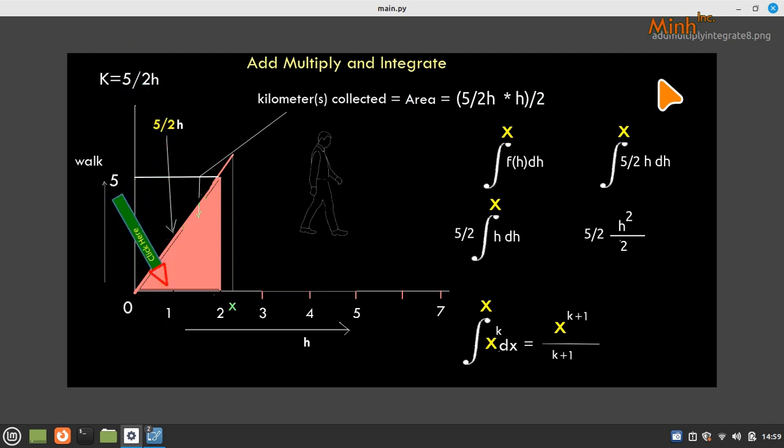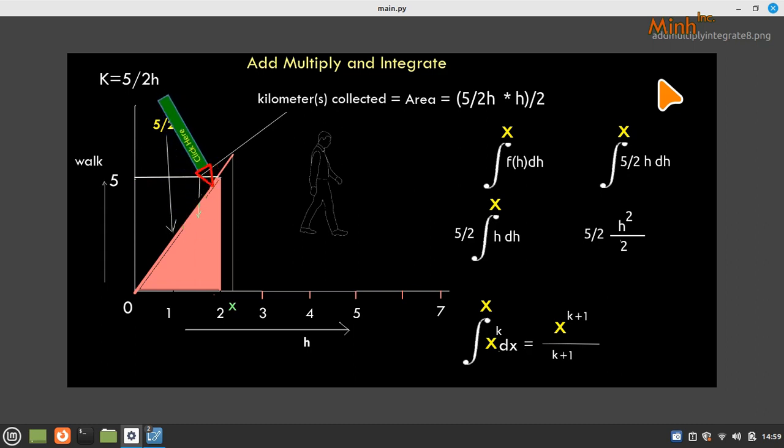How much distance has he collected in 2 hours? That is the area. H is the independent variable on this axis and f(h) is 5 by 2h. If I calculate this area, it is the total distance travelled by this person in 2 hours.